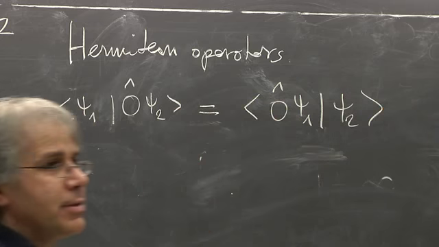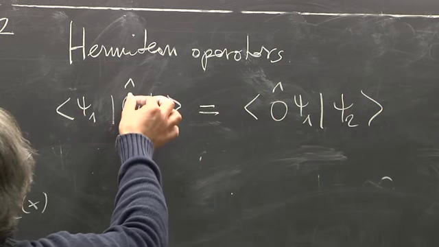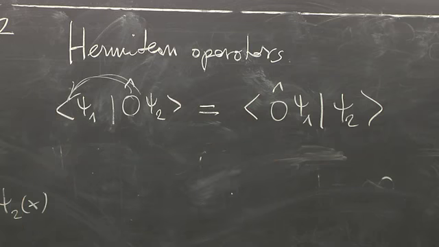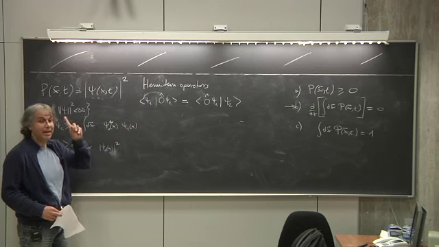Doesn't make any difference. In other words, the Hermitian operator can travel back and forth. They can act on the right or on the left. No difference. And I have to warn you that on the right there is psi2, on the left there is psi1 star.